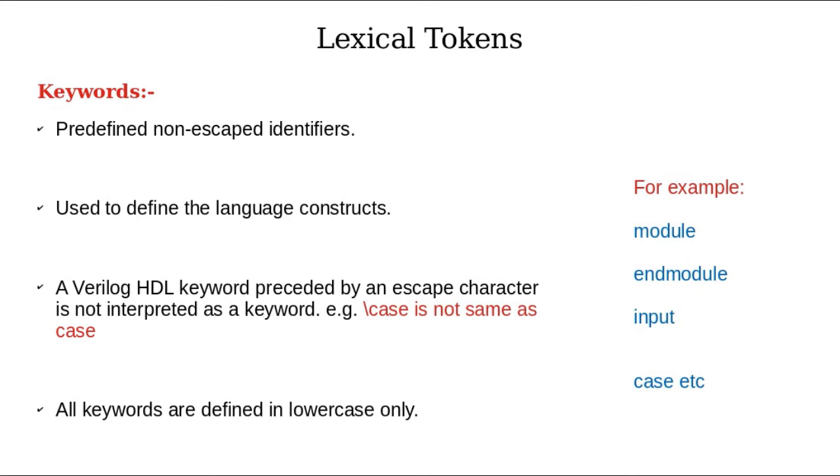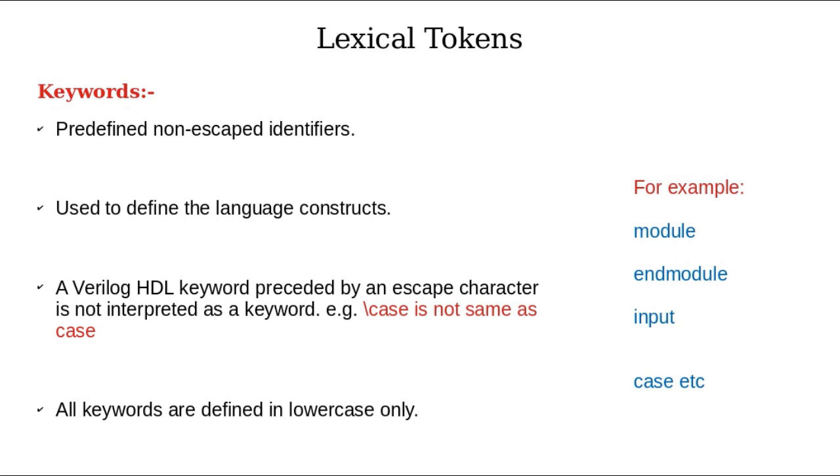The third lexical token is keywords. Keywords are predefined non-escaped identifiers. They are used to define the language constructs. A Verilog HDL keyword preceded by an escape character is not interpreted as a keyword.